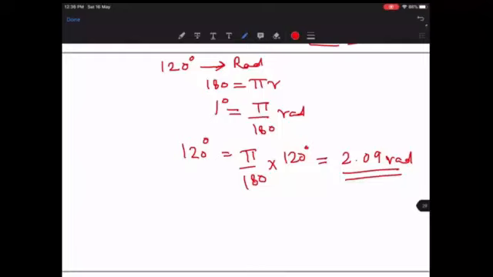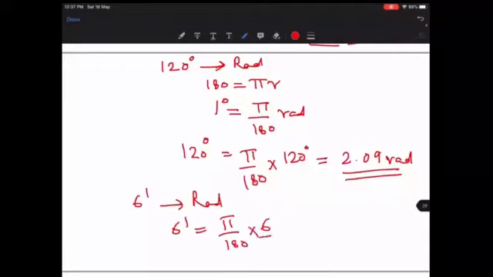We can have minutes, we can have seconds also. Suppose you have 6 minutes and you need to convert it into radians. 6 minutes will be equal to pi upon 180 into 6 upon 60. You have to divide by 60 to convert minutes into hours.